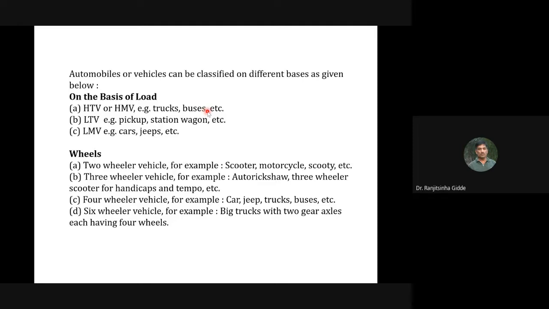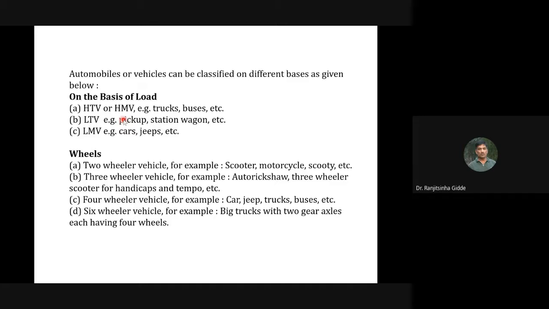What is an example for that? Trucks, buses, etc. Then the second type, on the basis of load, is light transport vehicles. This is the pickup, like the Mahindra pickup.